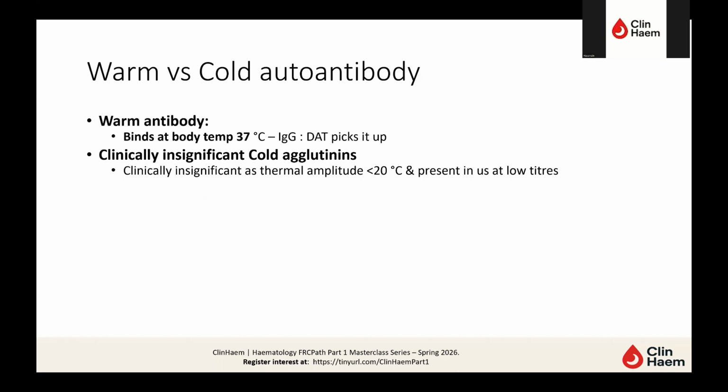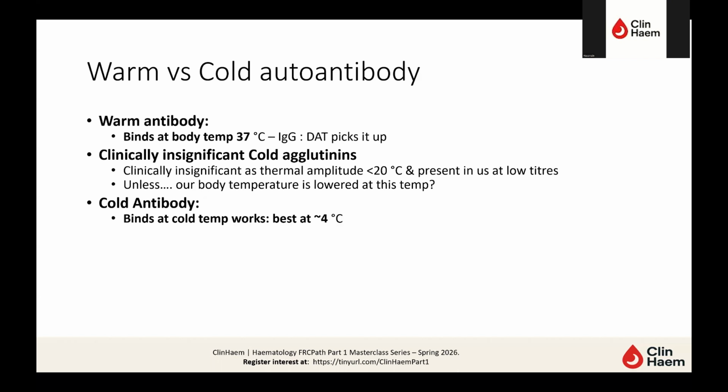Okay, so as opposed to that, a cold antibody works best at 4 degrees because it is cold, so it binds to the red cell at 4 degrees best. But this is clinically only a problem if they now acquire a property that they can bind at higher temperatures, because again, we don't run around at 4 degrees.